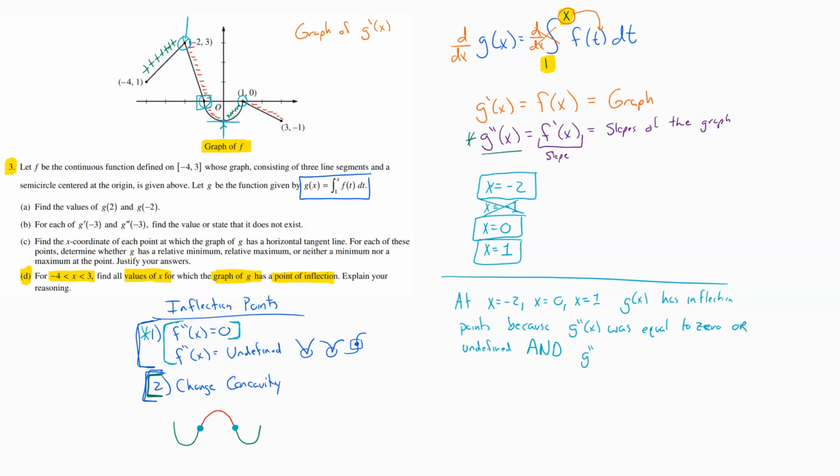And g double prime of x, which is equal to f prime of x, changes signs at those points, those values. And that would be your final answer.